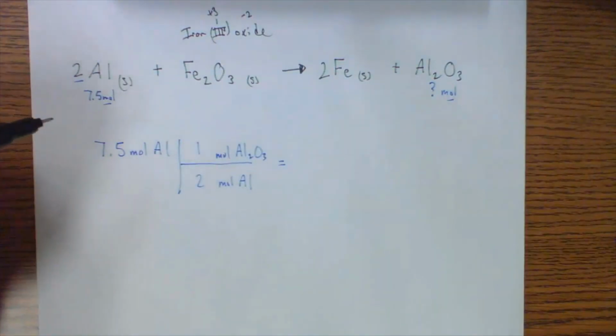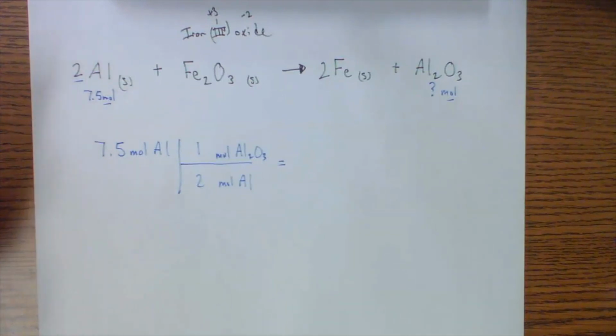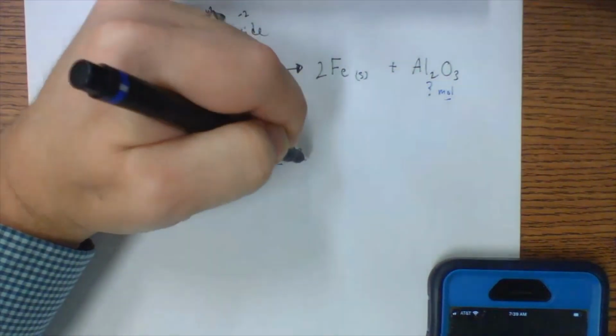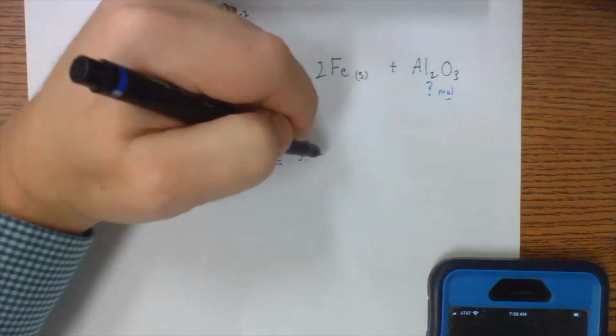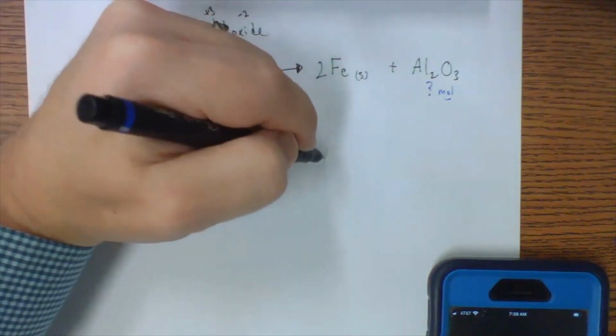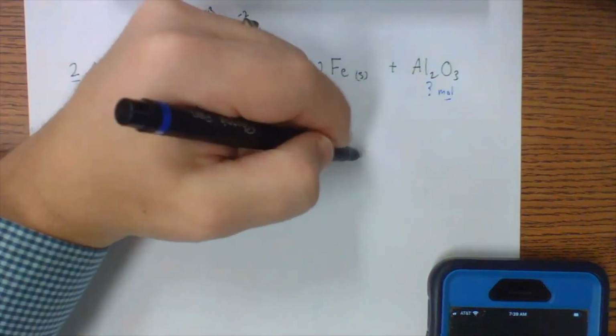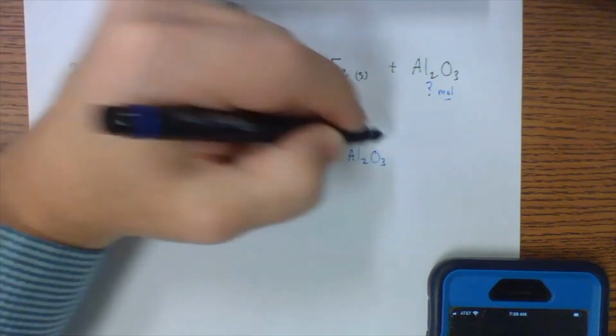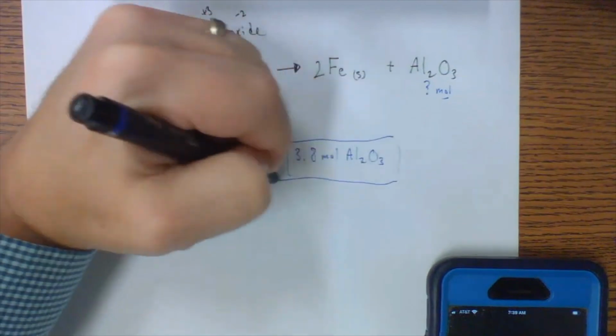Let's see, I need a calculator quick. Okay. Take my 7.5 divided by 2, so it comes out to be 3.75. I'm going to round it to 3.8 moles of aluminum oxide. Put a box around it, so now I've done my problem.